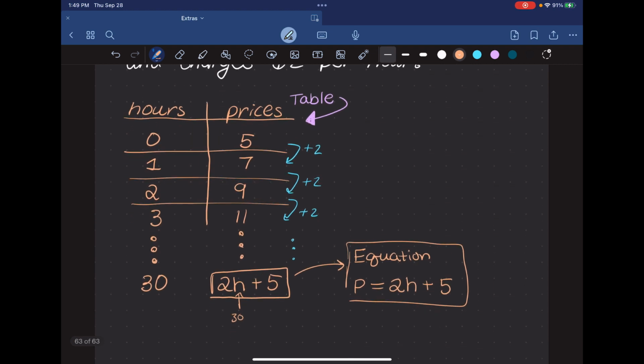Well, another way is visually with a graph. So maybe I decide I want to make a graph of my prices, right?